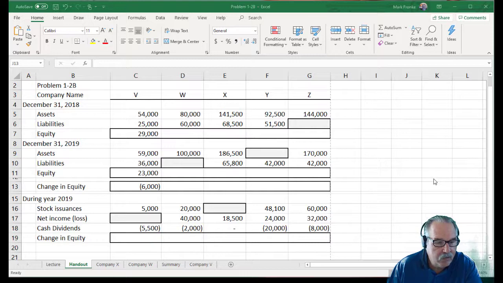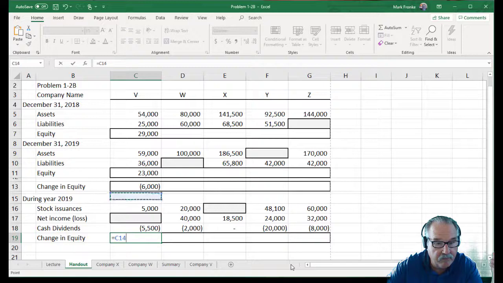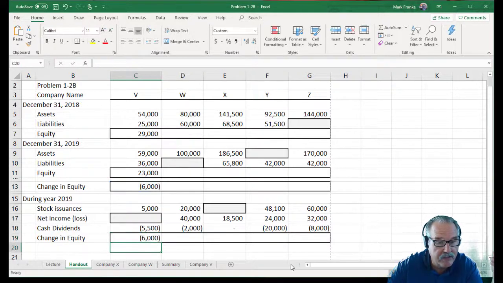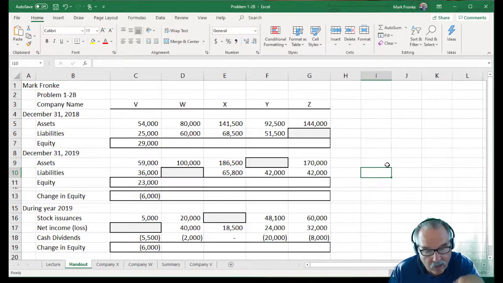So what we can do now is, by figuring out that change in equity, and we know it's $6,000, I'm going to go ahead and plug that in. We know that the change in equity was a negative $6,000. So we know that stock issuances, or common stock or capital, makes equity go up, and cash dividends make equity go down.